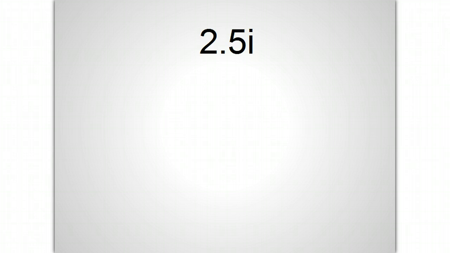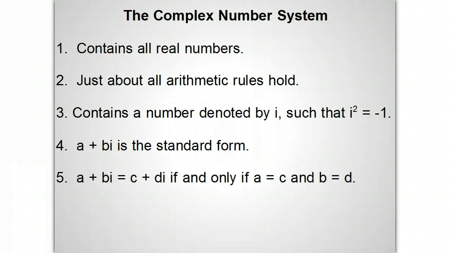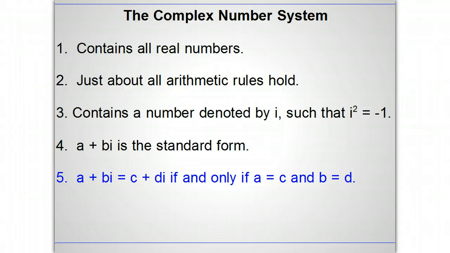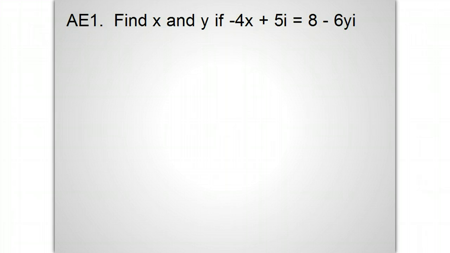These are still complex numbers because 0 plus 2.5i is a complex number, but when the real part is 0, we say we have an imaginary number. Well, if we take a look at these properties of the complex number system and focus on the fifth one, what it takes for two complex numbers to be equal, we'll tackle this example.